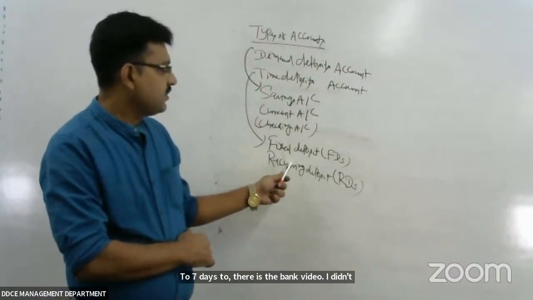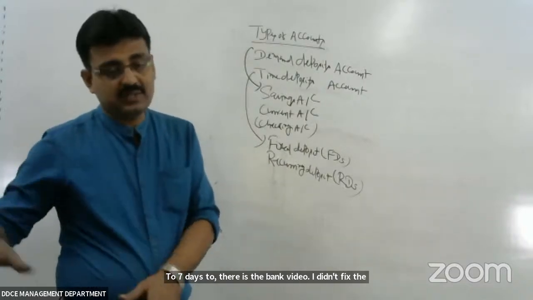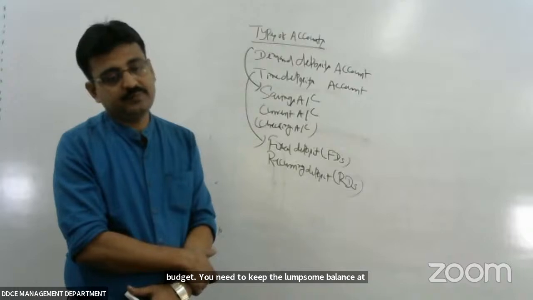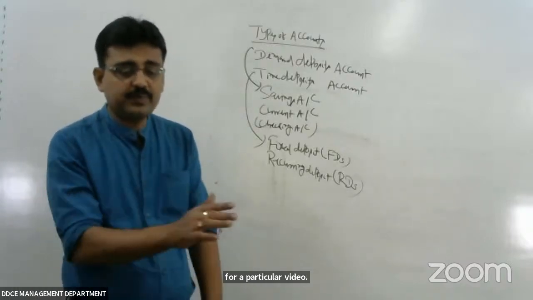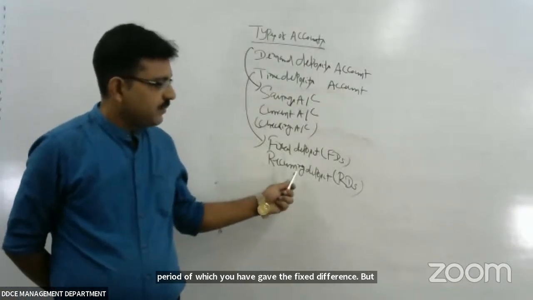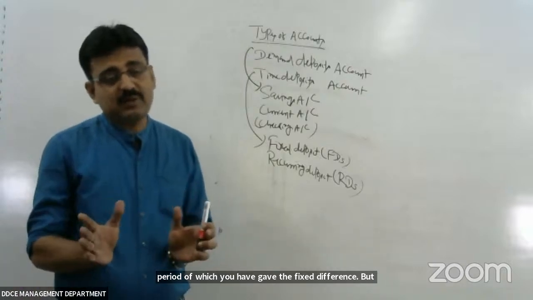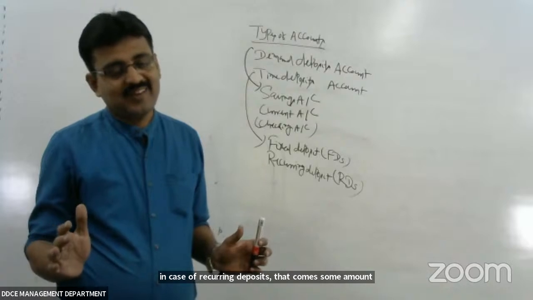And in fixed deposit, you need to keep a lump sum balance at once for a particular period. On that, you are supposed to get some interest for the period for which you have kept the fixed deposit. But in case of recurring deposits, that lump sum amount you are supposed to pay in installments.